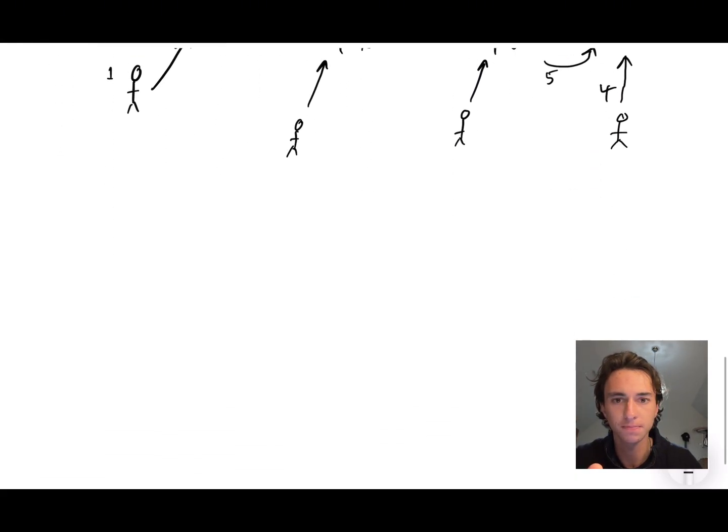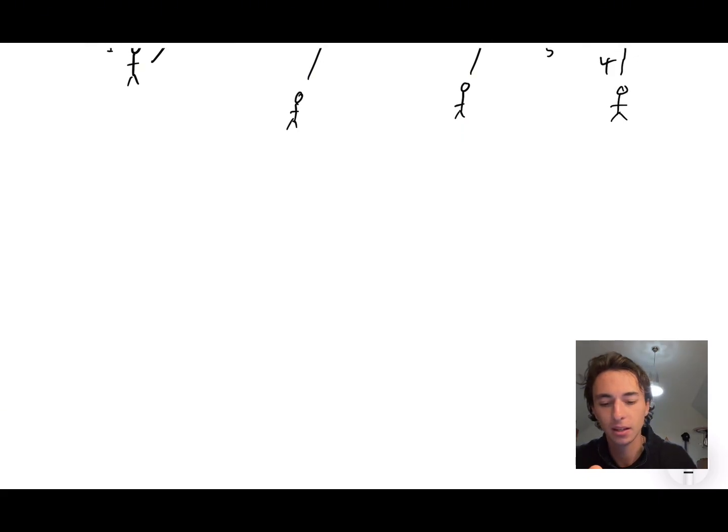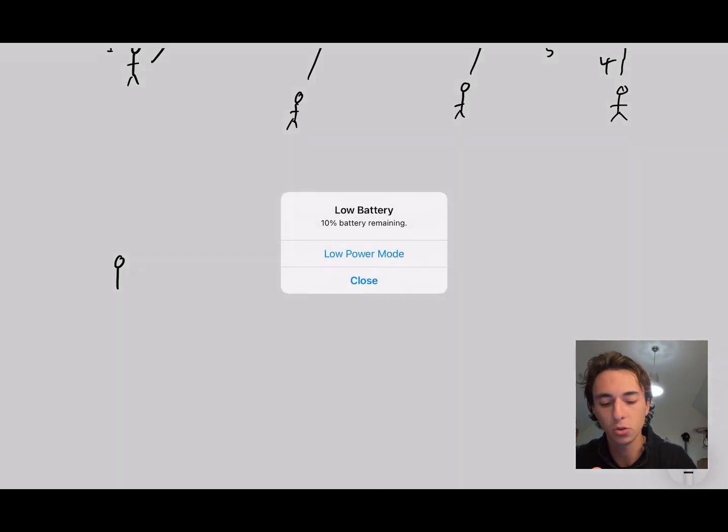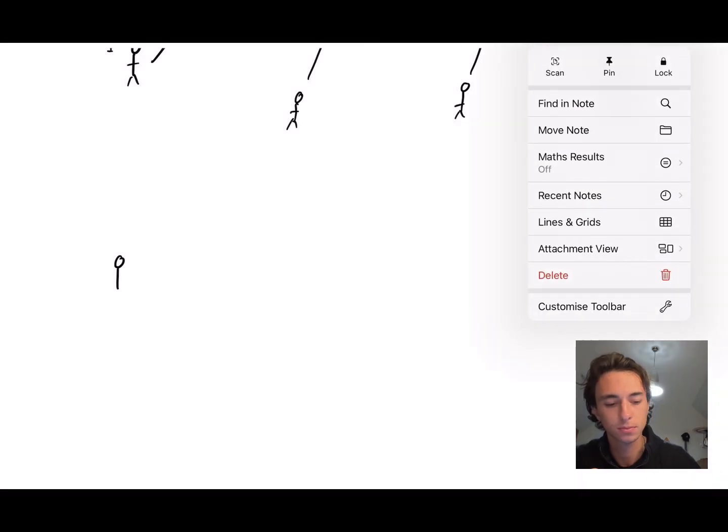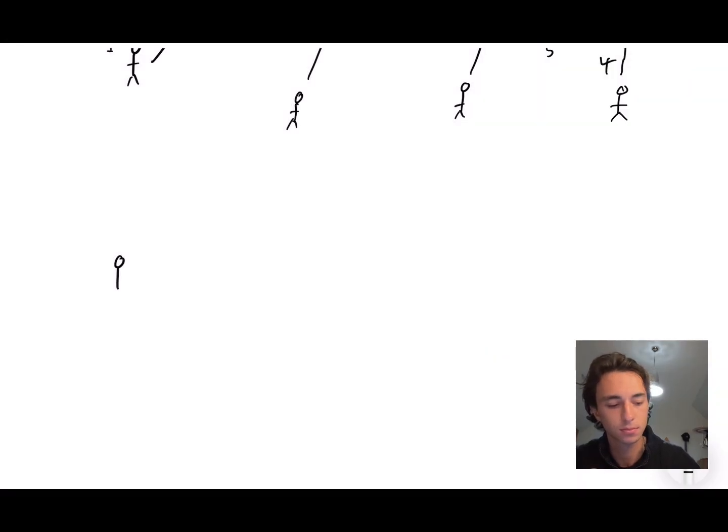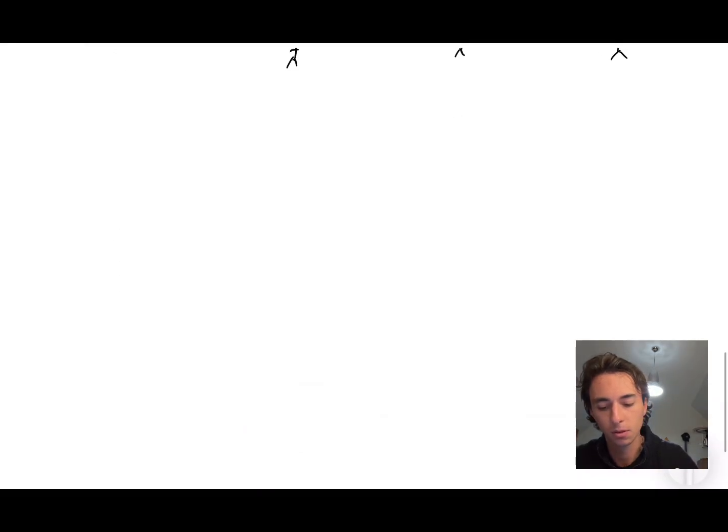What do we end up getting? Let's look at the payout. So N minus 2. We have player N minus 2 here.